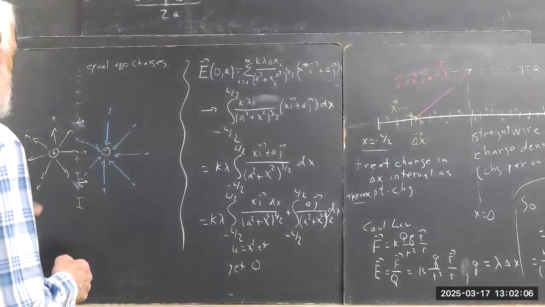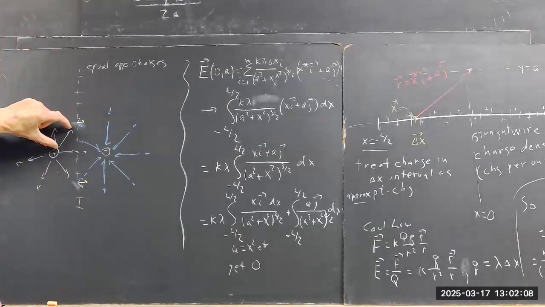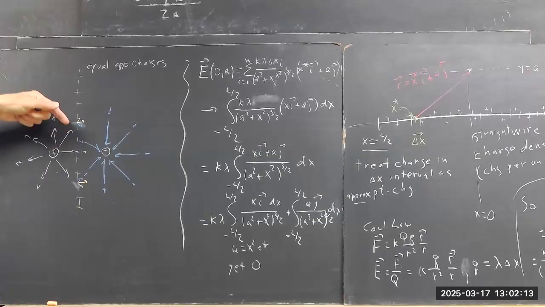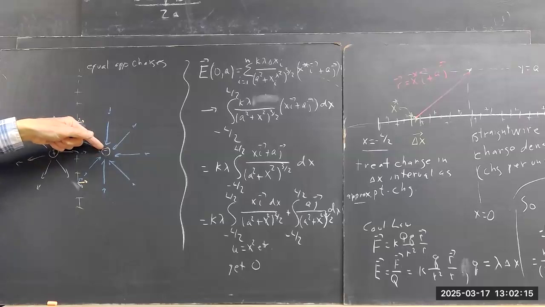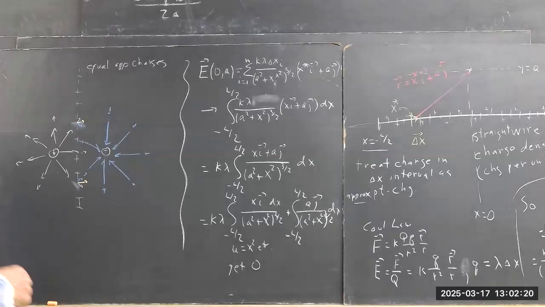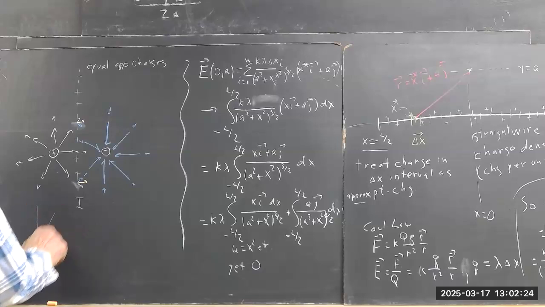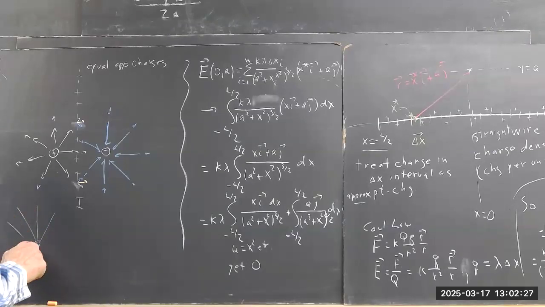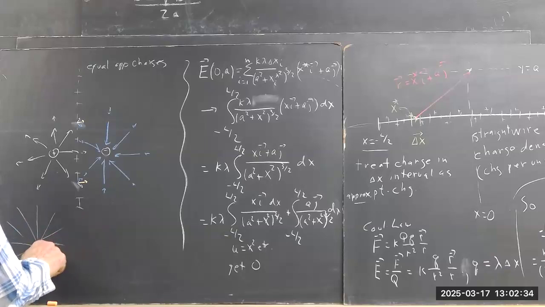What ends up happening? Well, let's consider this force vector. This force vector is going to be mitigated a little bit by the force toward the negative charge. The electric field of a positive charge, isolated, no negative charge around, is going to have field lines that look like this. Does that make sense?